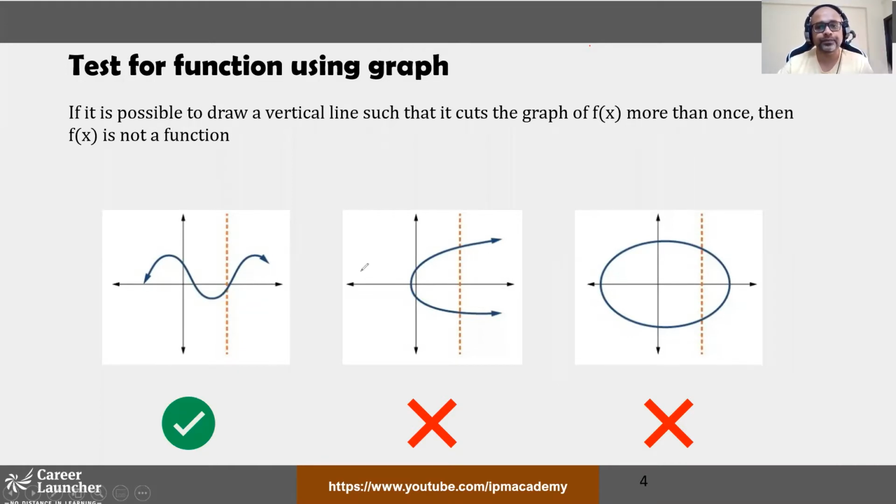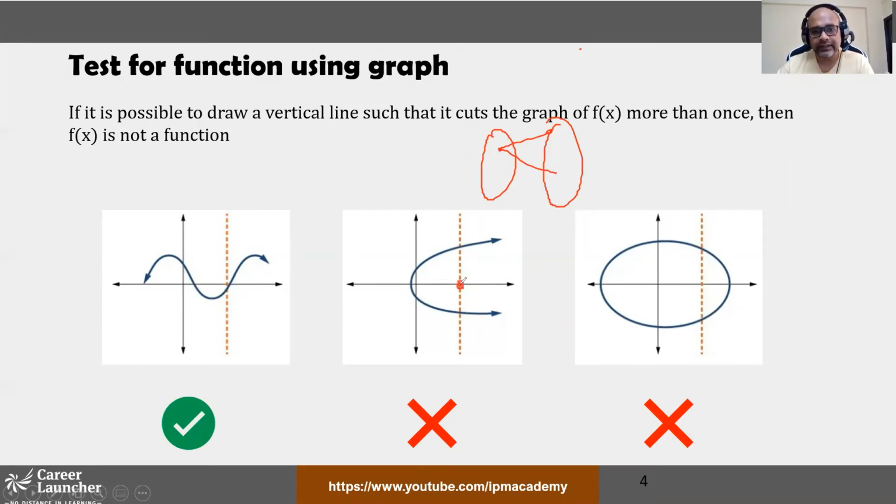This is a function. Whereas in the second and third, you can see that there is even one line which has two points of intersection. You will not call it a function, and that is happening in both of these. The reason is very simple. I told you for a single input, I cannot have two different outputs.